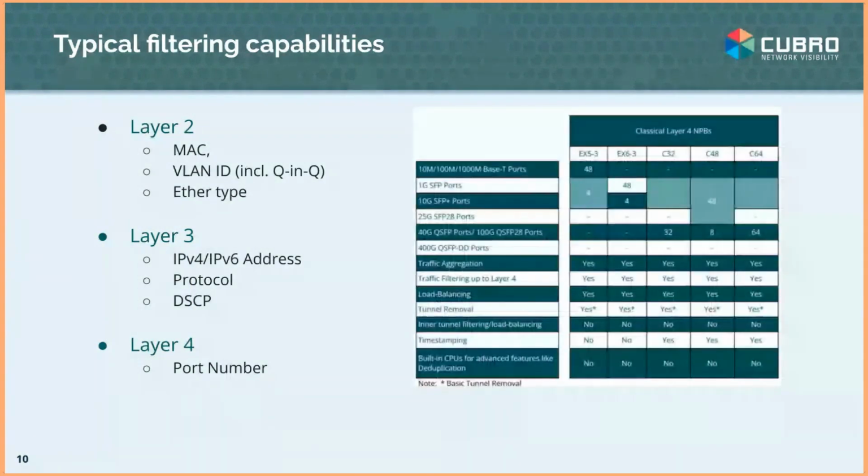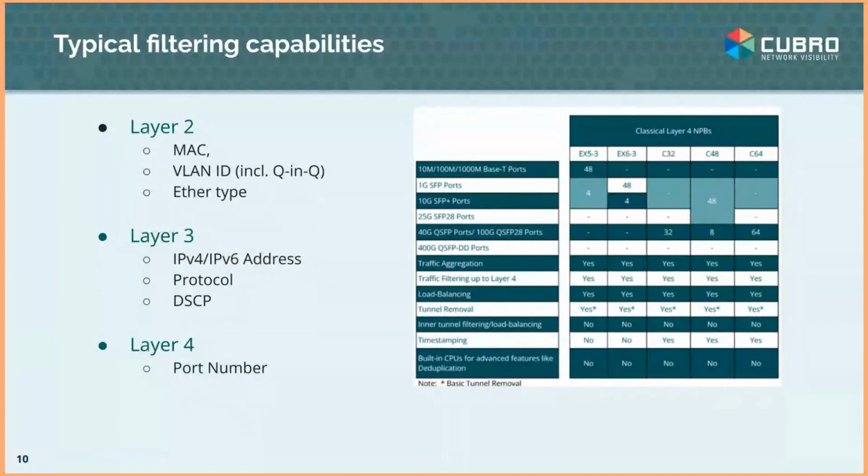Now, coming back to this complex matrix, the matrix is not so complex anymore because what you see here are our product names. And the differences between the different models are not the capabilities, but the ports, the physical ports it has.